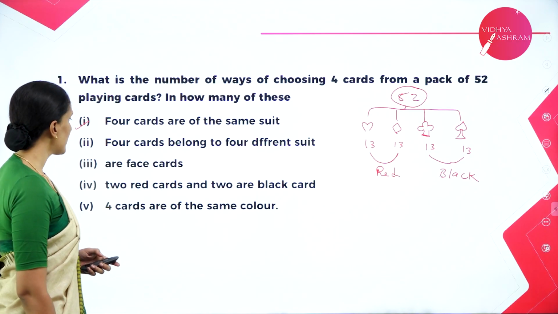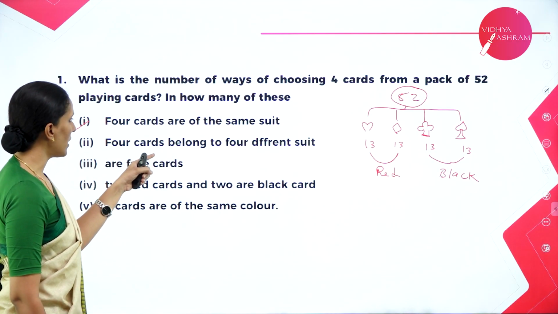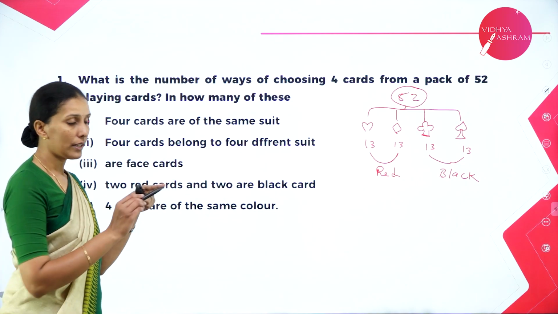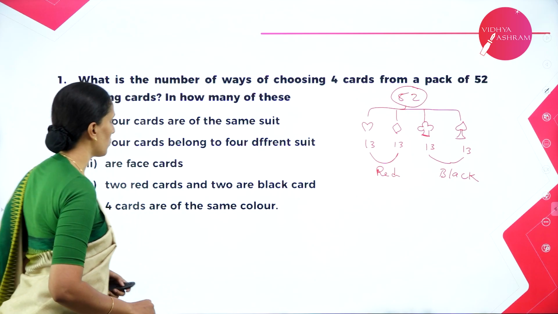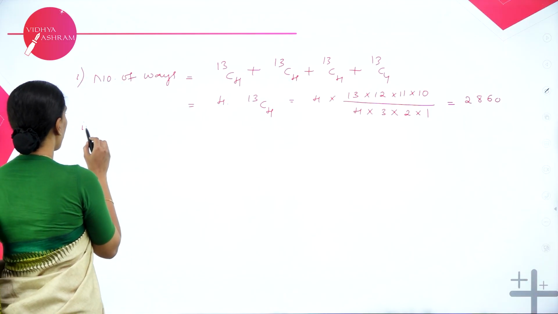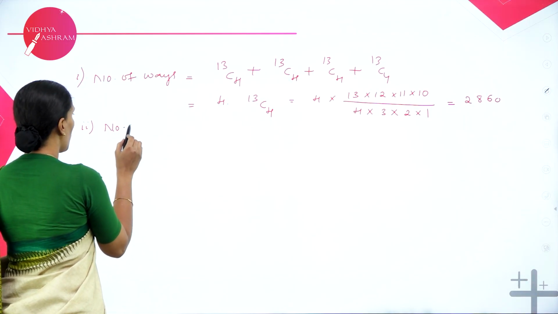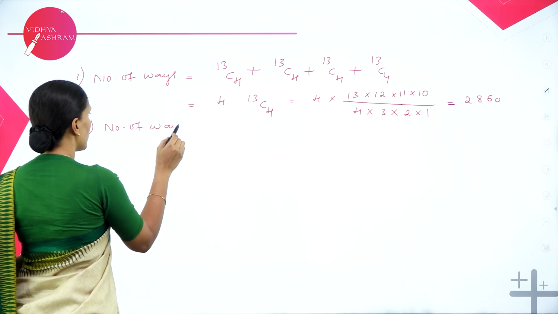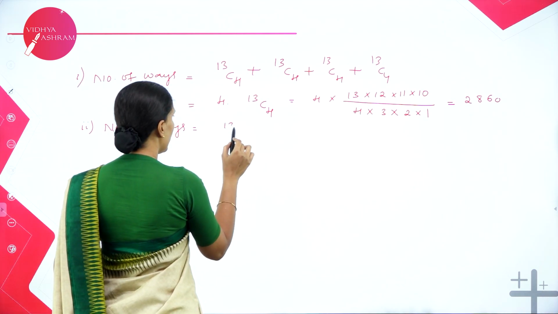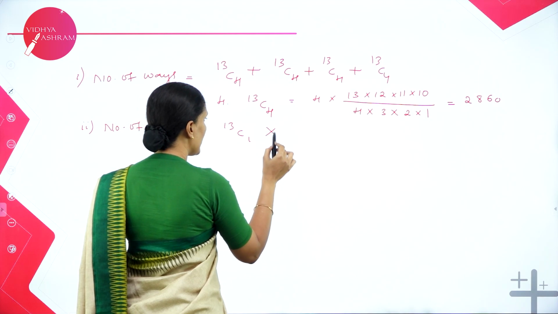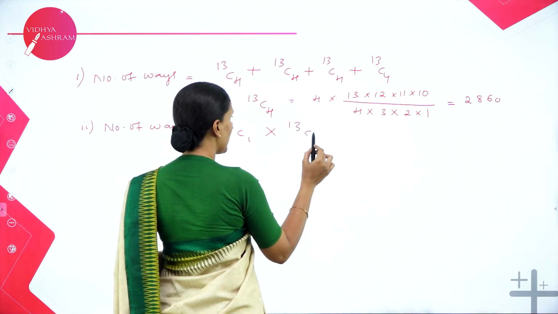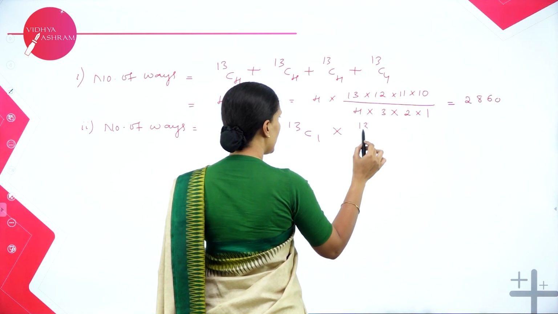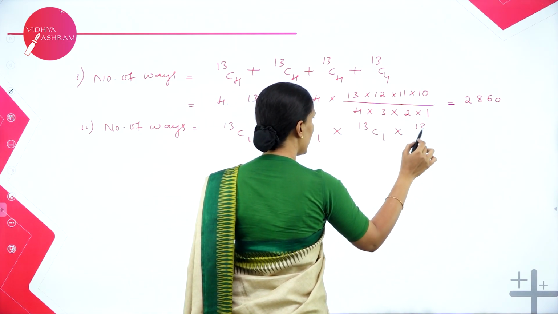The next sub question is we need to choose 4 cards belonging to 4 different suits. That means 1 from each suit. So therefore here the number of ways is equal to 13C1, and when I say and, it is multiplication. So again 13C1 and 13C1 and 13C1.